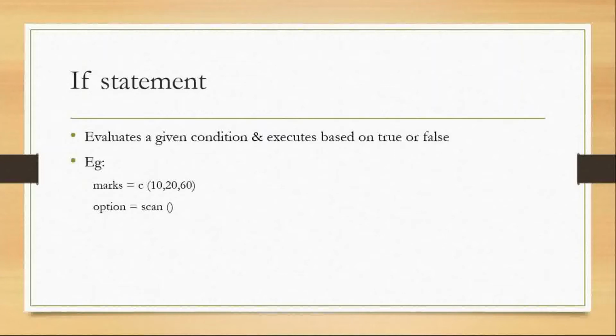So let's take an example. Marks equal to C of 10, 20, 60. Here C stands for collection of. So if you need to give more than one input, then you have to use the collection of concept.